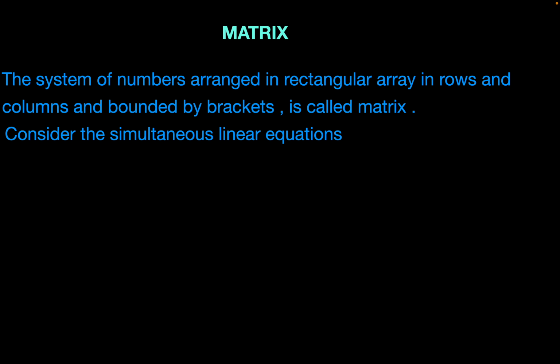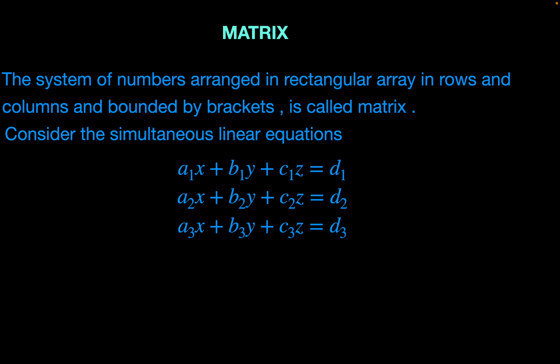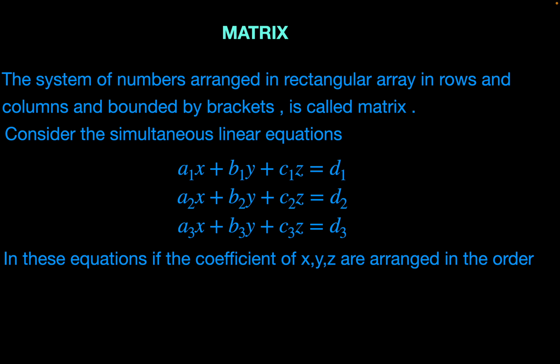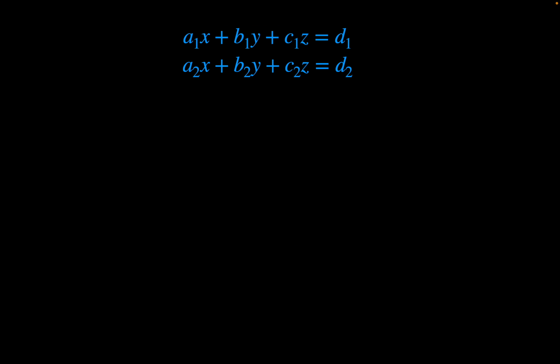Consider the simultaneous linear equations a1x + b1y + c1z = d1, a2x + b2y + c2z = d2, and a3x + b3y + c3z = d3. In these equations, if the coefficients of x, y and z are arranged in order, we get a 3 by 3 square matrix.